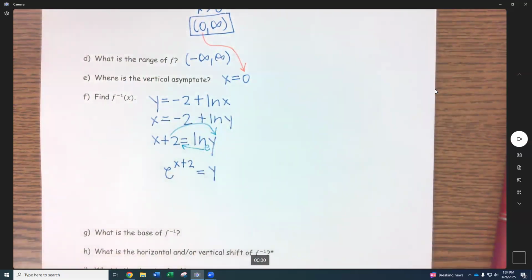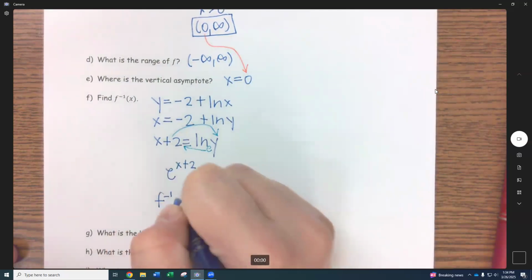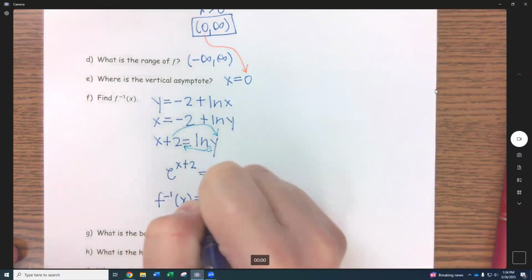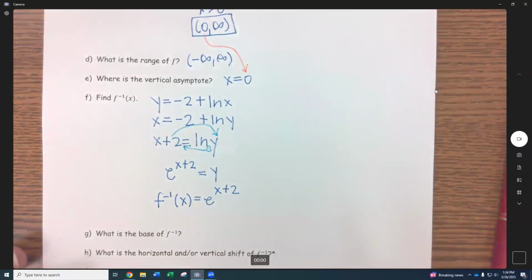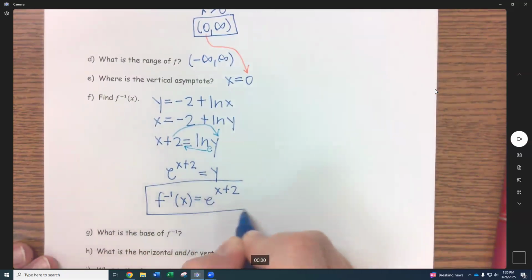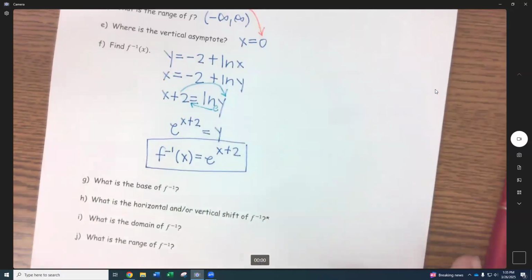We are almost done. Step 4 is to replace y with your inverse function notation. So the inverse of my function is e to the x plus 2. What is the base of my inverse?